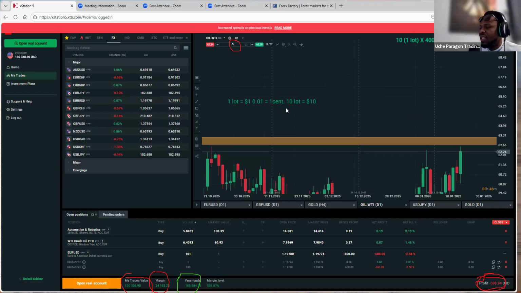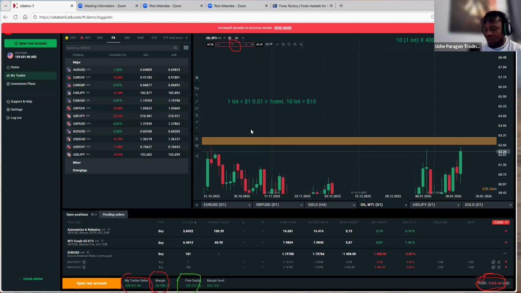So what this means is that, let's say you have a $1,000 account and you select one lot size and place a trade on Euro USD. Each movement will give you $1, either profit or loss. But if you use 0.01 and play the same trade, each movement will give you 1 cent, either profit or loss.